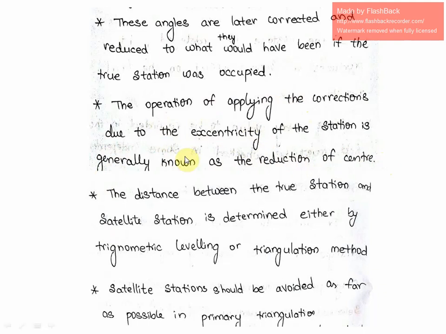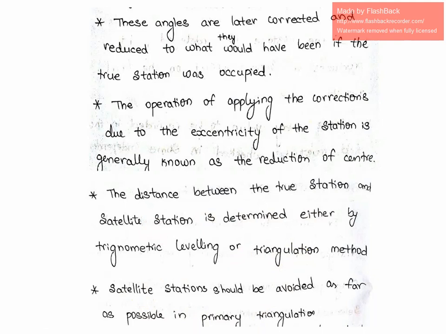The distance between the true station and the satellite station is determined either by trigonometrical leveling or by triangulation method. Satellite stations should be avoided as far as possible in primary triangulation systems, because in primary triangulation they will create more errors. That's why we have to avoid this method as far as possible.